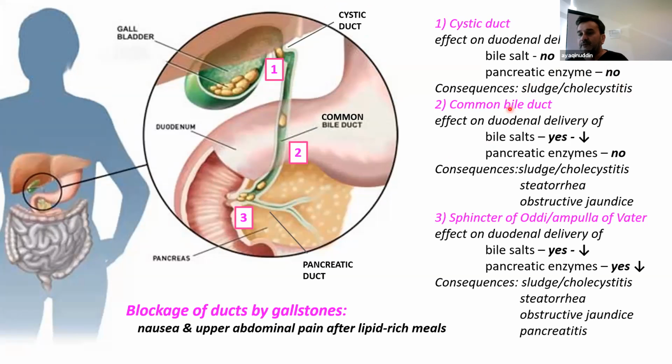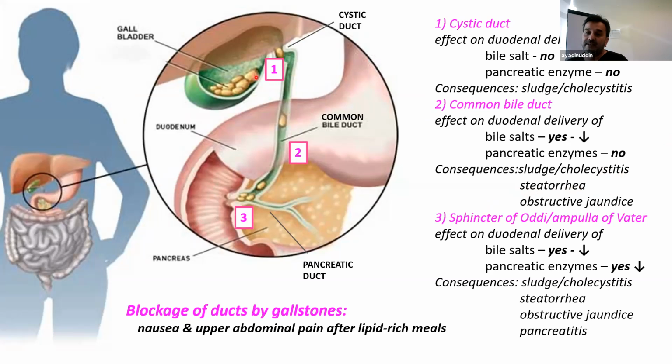But if you have a problem where the gallstone is stuck in the common bile duct, then you would not be able to send the bile into the duodenum. As a result, you would have two major things. You would not be able to absorb fat, so the fat would be excreted into the stools, and you would have steatorrhea.